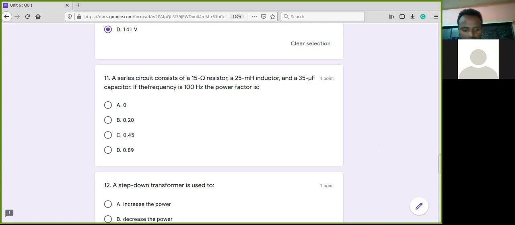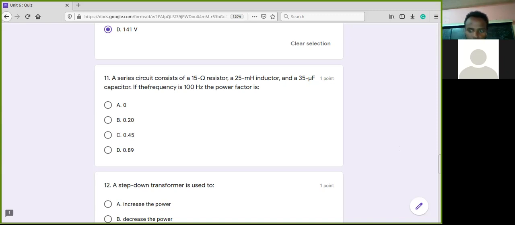What about XC? XC will be 1 million divided by 35 times 628, because it is microfarad. That gives 45.4, divided by 25, minus 1.188.